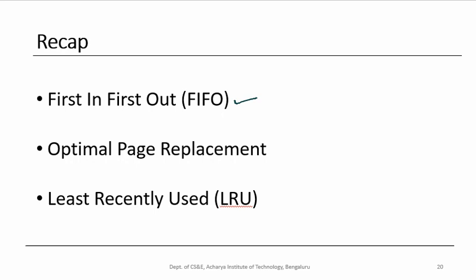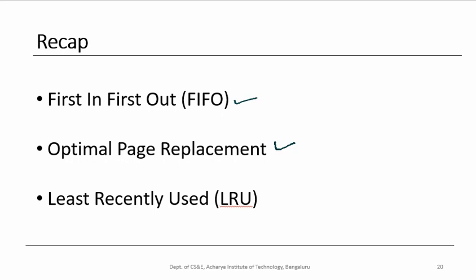The next page replacement algorithm which we discussed was the optimal page replacement algorithm, and as the name says, this is the one which ensures the least number of page faults. We used the number of page faults caused when these mechanisms are implemented as a metric for measuring the performance of these algorithms, and this gives us the least number of page faults.